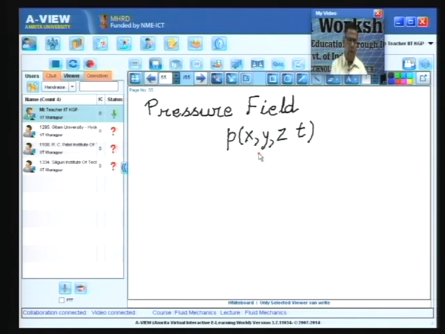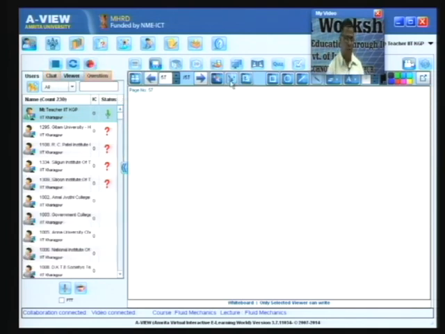So, next what we will do is, all right, now let us look at the equilibrium of a fluid element.